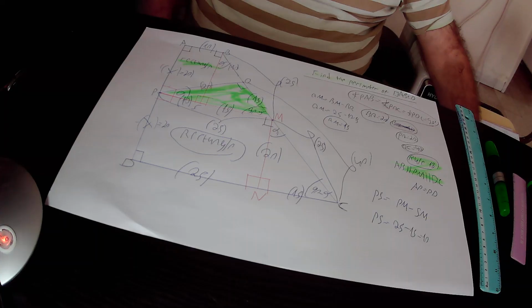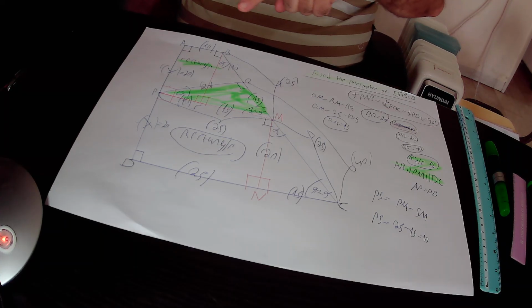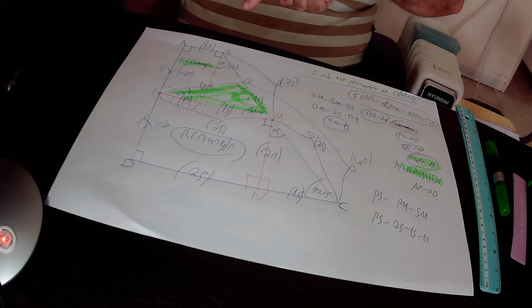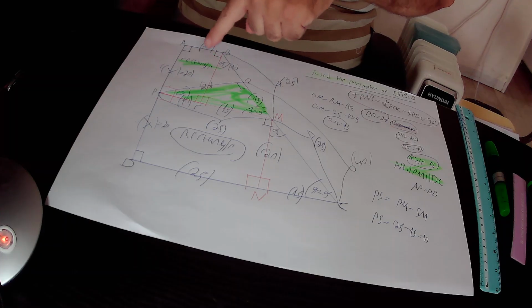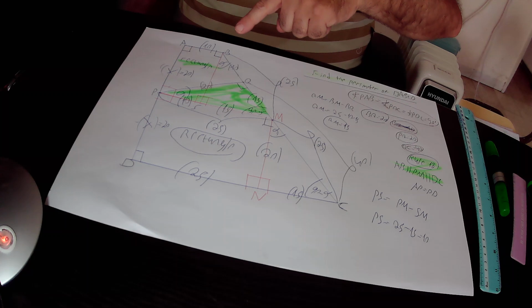Whenever you have three or more parallel lines, like here where AB is parallel to PM is parallel to DC, those three parallel lines are connected together by AD and BC.